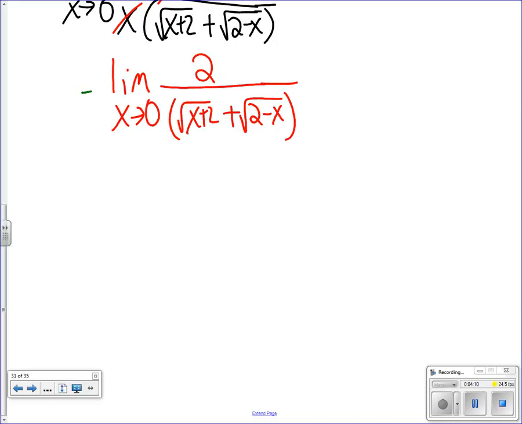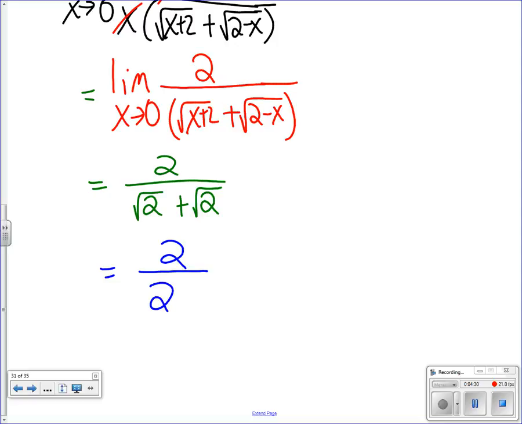We have 2 on top still, all over, plugging in that 0, the square root of 2 plus the square root of 2 minus 0, that's just the square root of 2. And so it looks like we end up with 2 on top still over 2 square root of 2's, in which case that can simplify to 1 over the square root of 2.